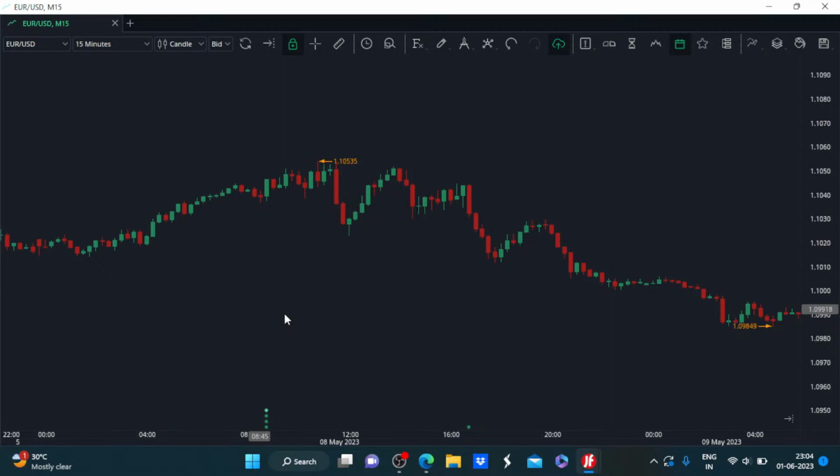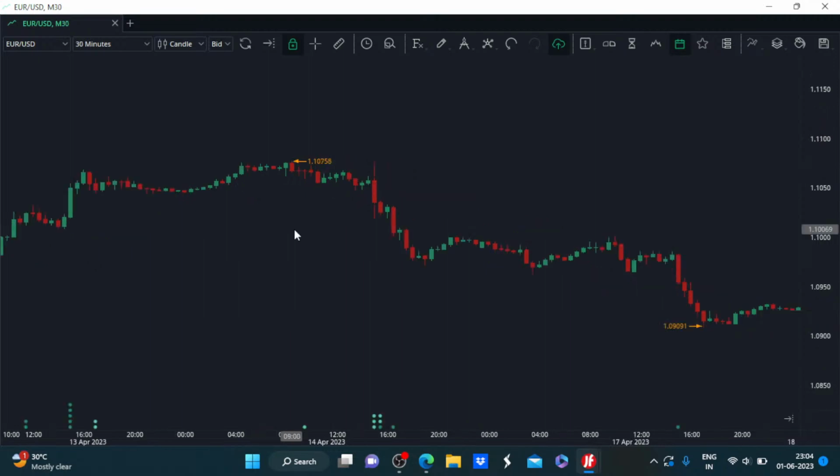Let me try changing the candlestick time frame. Okay, here we are now looking at the half hourly candlestick formation for the Euro USD, and I am looking for the bearish reversal pattern.